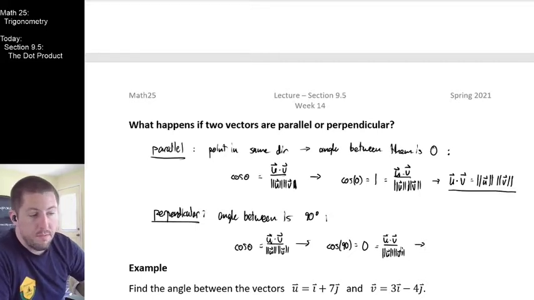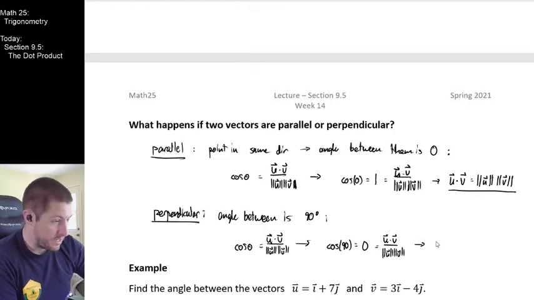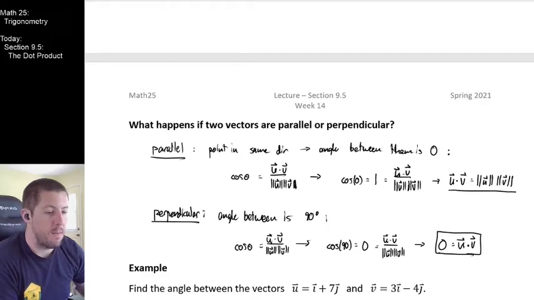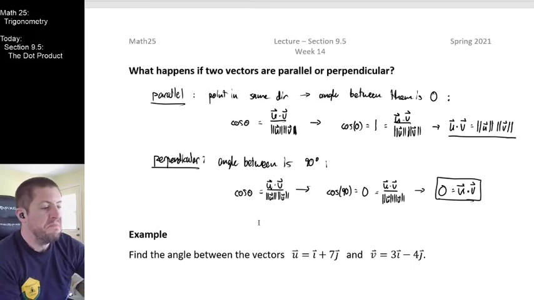And then I can even go so far as to do a multiplication by the denominator on both sides. And that's just going to lead me to the statement that 0 is equal to the dot product of u and v. So this occurs anytime two vectors are perpendicular, or we do have a different word for this, it's orthogonal.